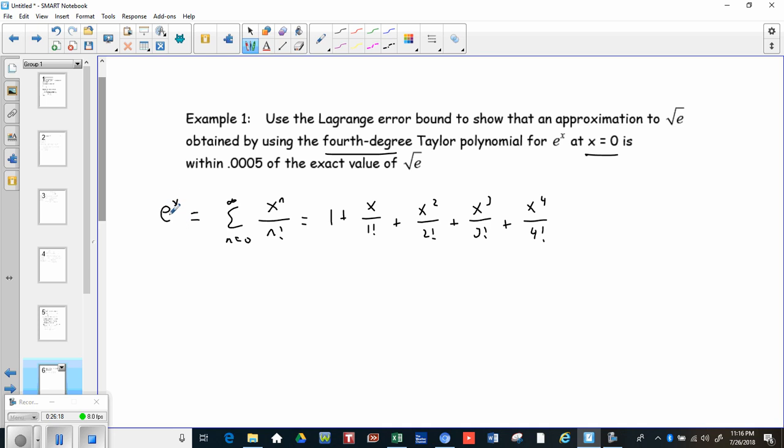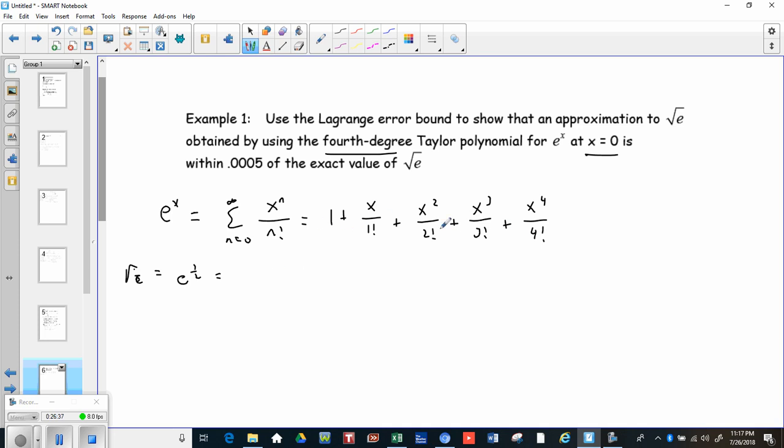So the square root of e is the same thing as e to the 1/2 power, right? Square root of e equals e to the 1/2. So really all I'm going to do where x is, I'm going to replace that with 1/2.